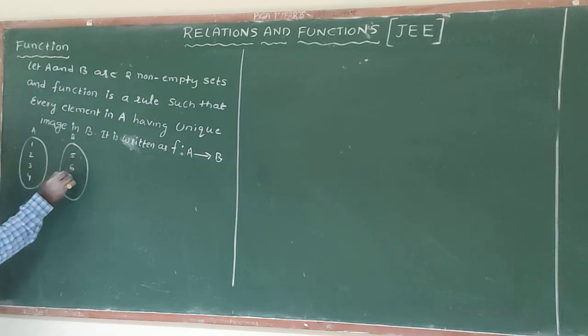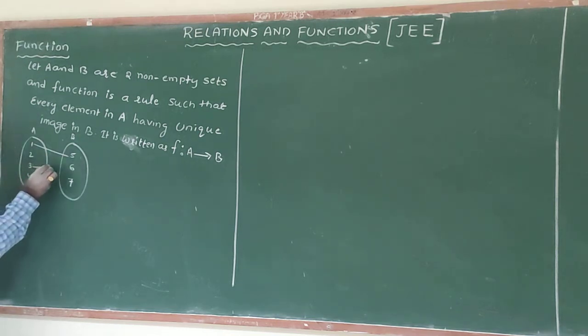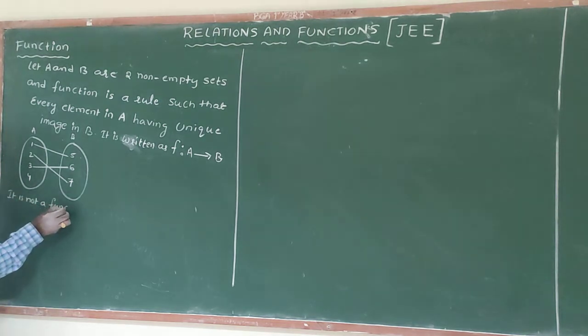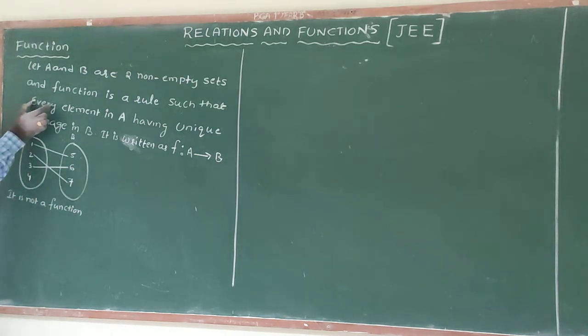B contains 3 elements. 1 is related to 5. 3 is related to 6. 2 is related to 7. It is not a function. Why? According to the definition, every element in A must have an image in B, but 4 does not have an image in B.